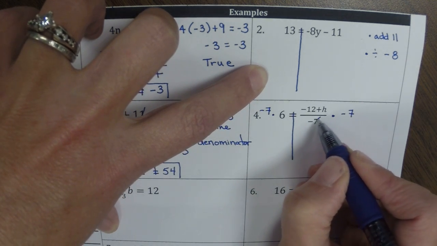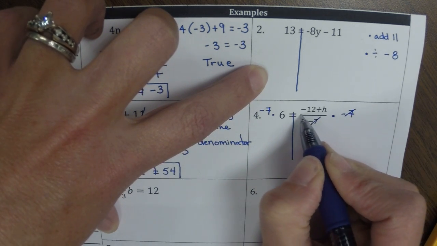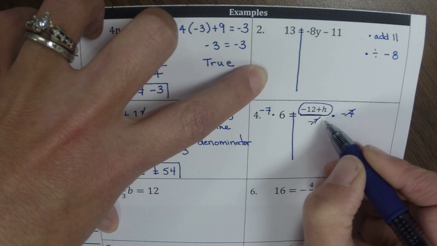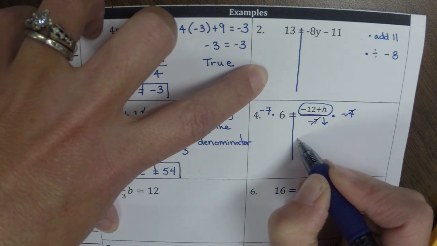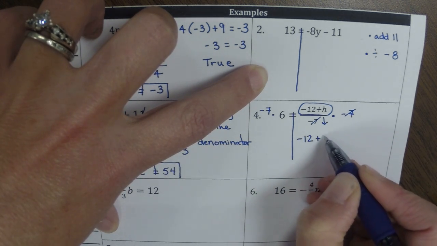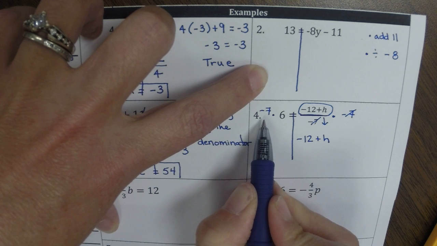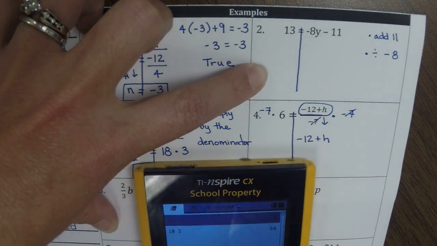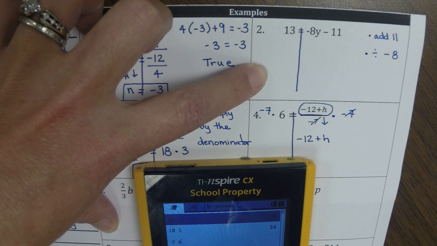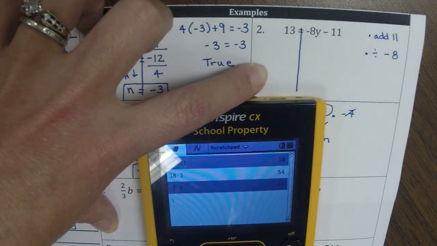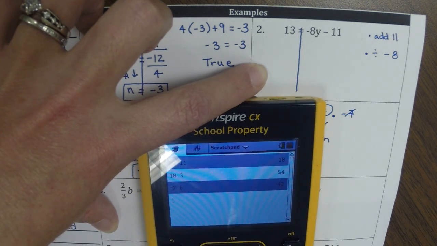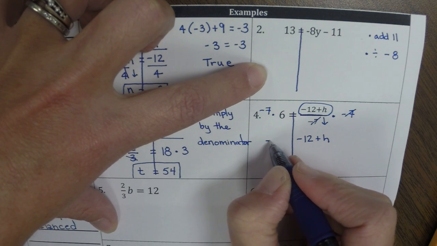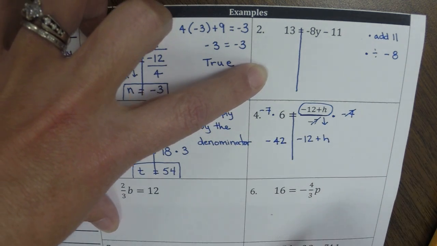So then this is going to cancel with this, and I'm going to bring this whole thing down. So I have negative 12 plus h. On this side, I have to multiply, so I would do negative 7 times 6, and it's going to tell me negative 42. So on this side, I have negative 42.